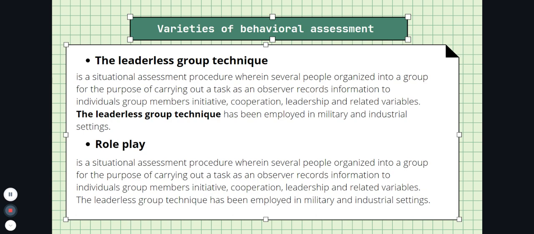So purposely vague instructions are typically provided to the group and no one is placed in the position of leadership or authority. Meaning, there is equality within the group because they do not select a leader to follow.